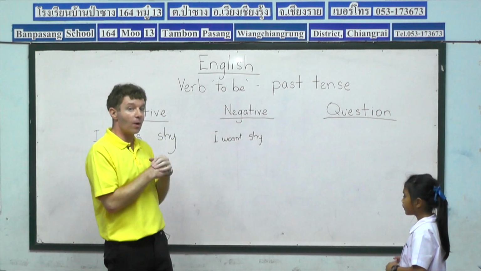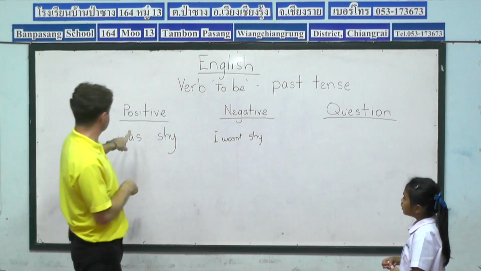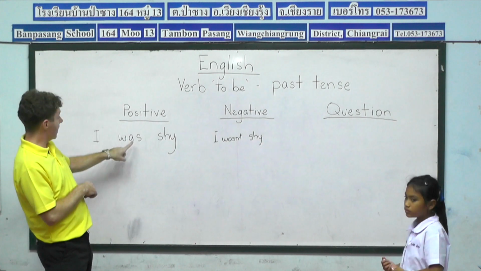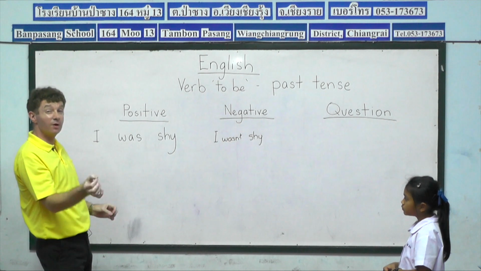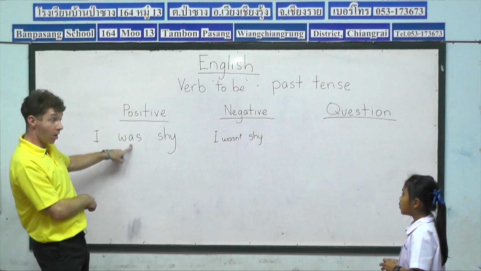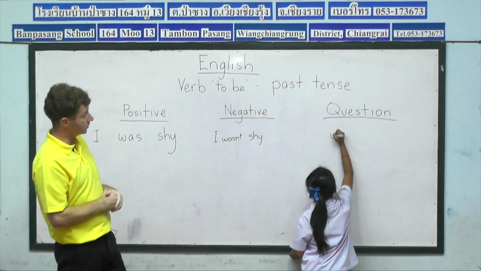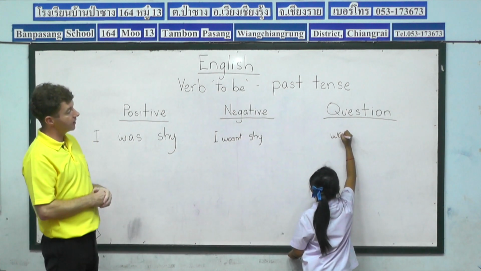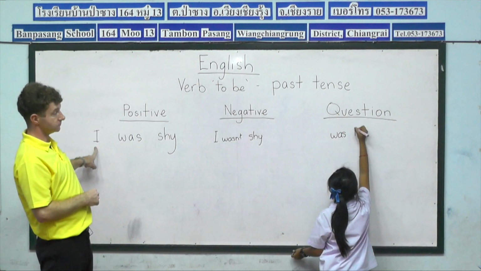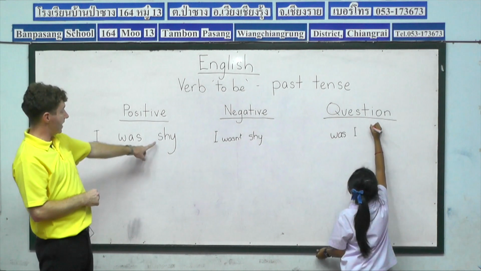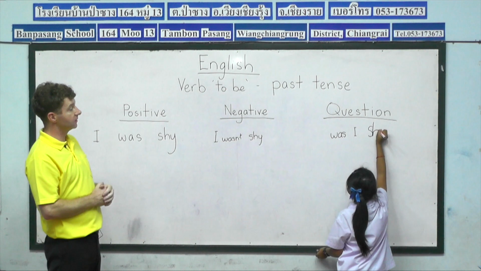Next is about the question. And remember the rule we learned in the previous lesson? We can take the positive statement and use the first 2 words and swap them. So we will say, was I shy? W. And then I. S-H-Y.